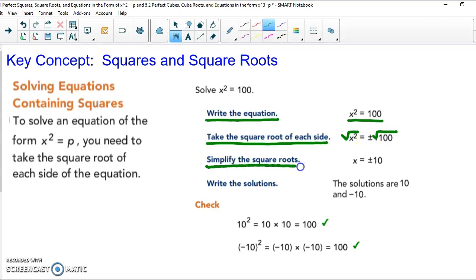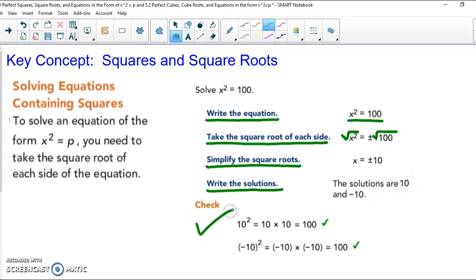And now for my next step, I'm going to simplify the square roots. Remember, taking the square root of a number that I'm squaring, those cancel each other. So the square root of x squared equals x, and the square root of 100 equals 10. So the solutions would be positive 10 and negative 10.